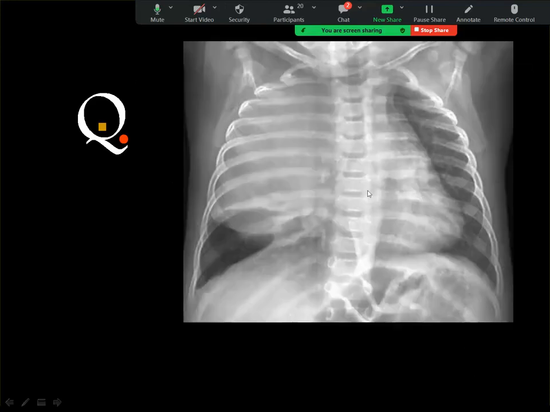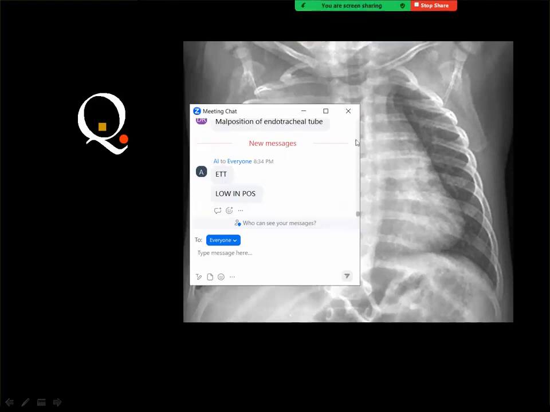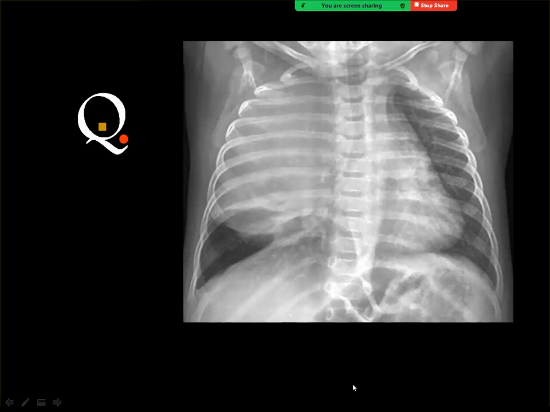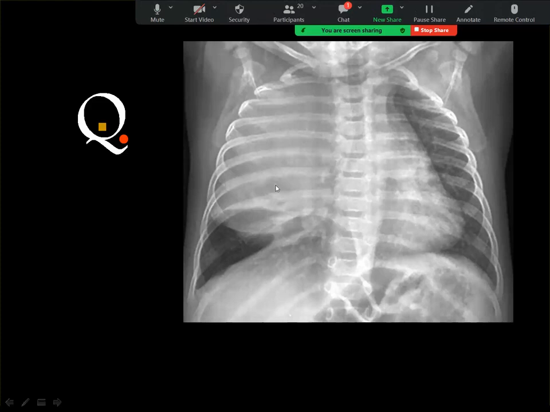Next case, a chest X-ray of a child showing this lesion in the right lung. Neuroblastoma, I consider this is right because if you see a mass in the chest of a child, then you consider first possibility neuroblastoma.